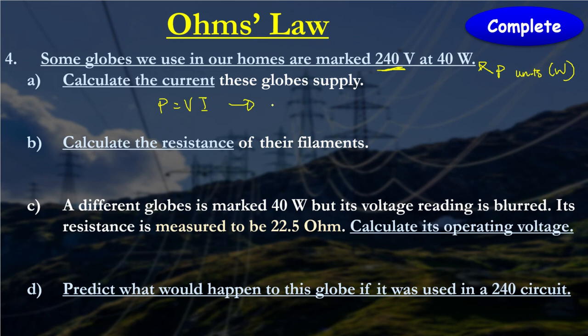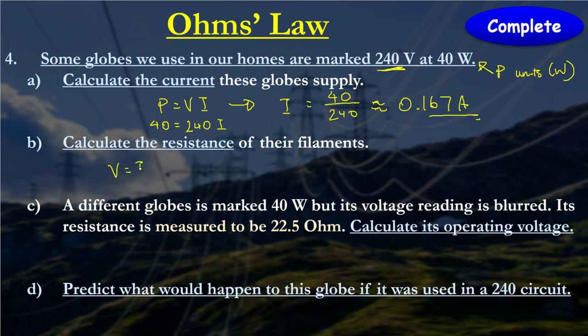Let's substitute our values in first. So 40 equals 240 times I, and so its current is just 40 divided by 240. If I put that to about 3 sig figs, that's about 1.67 amps there.